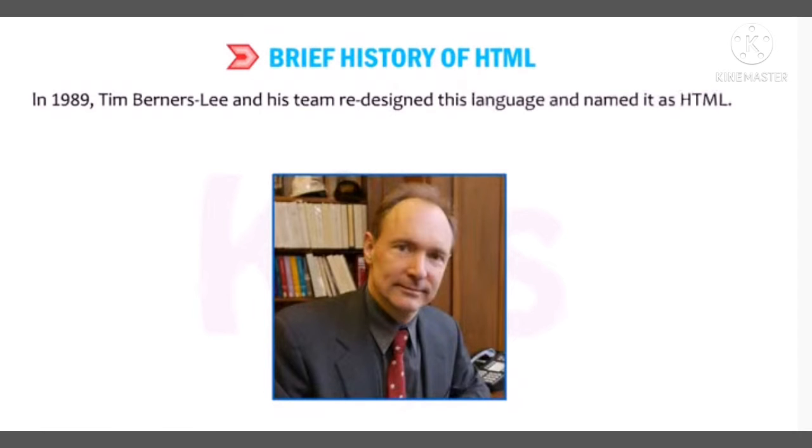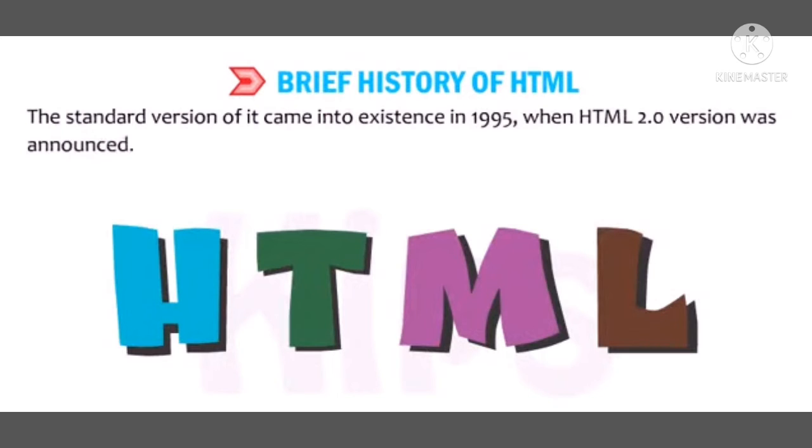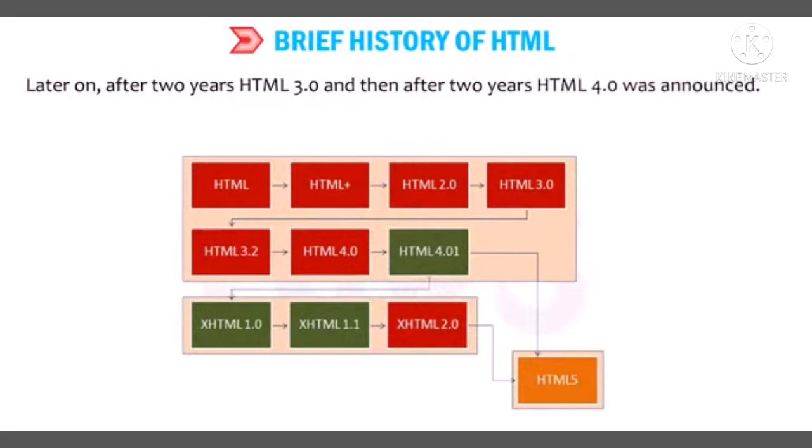After some more years, in 1989, Tim Berners-Lee redesigned this language and gave it the name HTML. The standard version of HTML came into existence in 1995 when the HTML 2.0 version was announced. After 2 more years, HTML 3.0 came into existence, and after 2 years, HTML 4.0 came into existence.